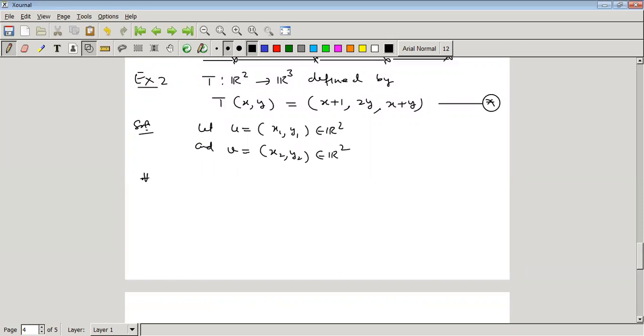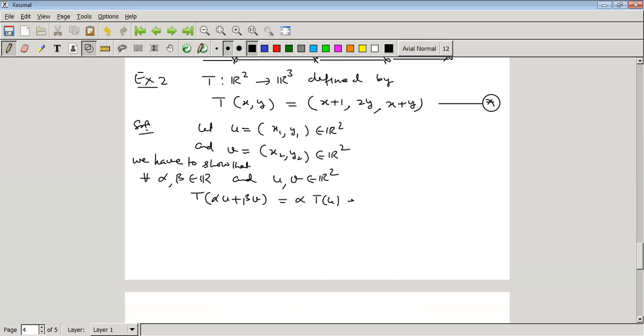Now, for any alpha, beta in field R, we can take field to be the set of real numbers, and u, v in R2, we have to show that for every alpha, beta in R and u, v in R2, T of alpha u plus beta v equal to alpha times T of u plus beta times T of v.